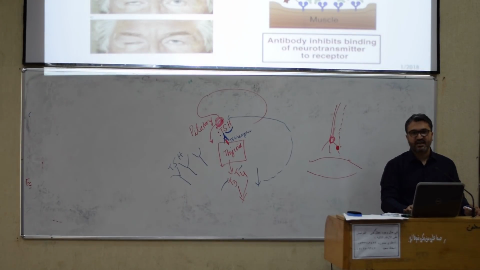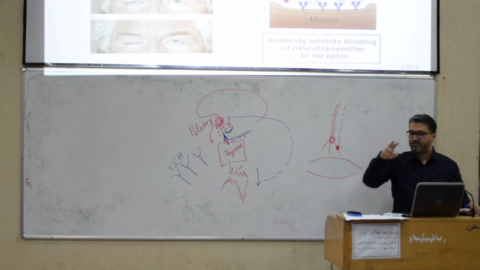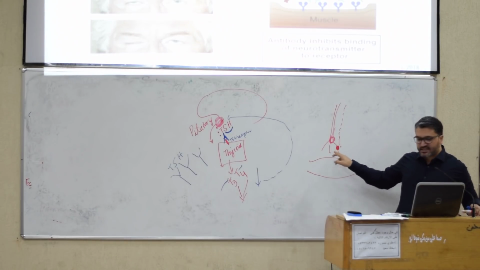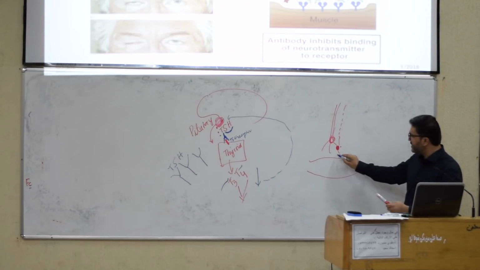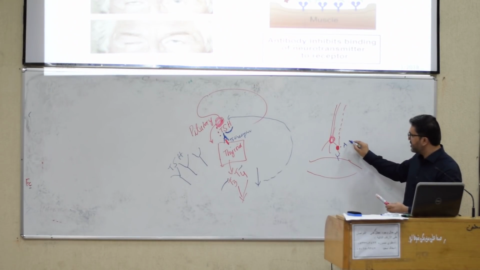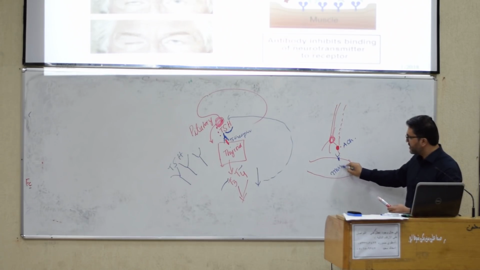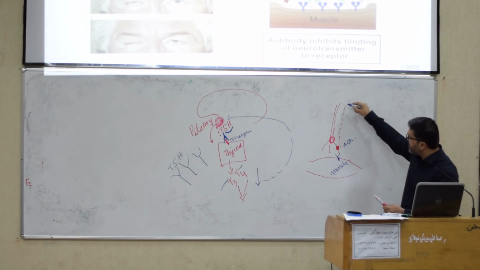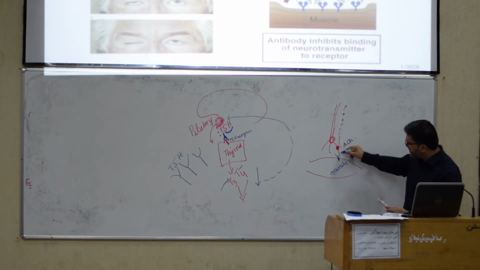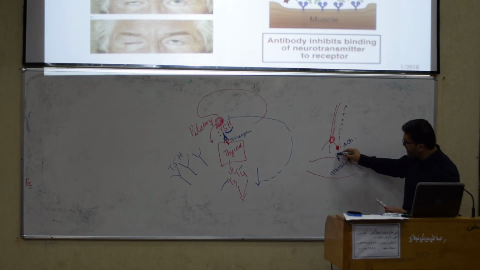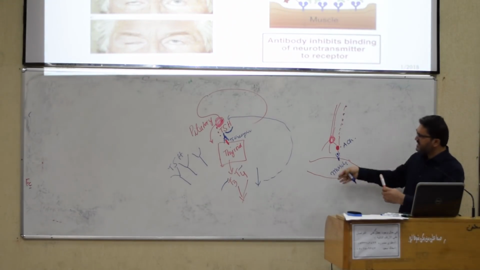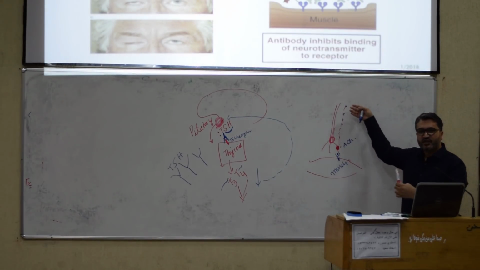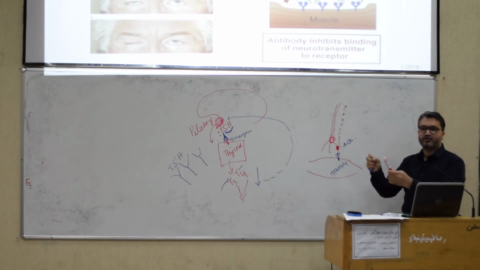Acetylcholine will be released and binds to its receptor on the muscle. So when the nerve impulse comes, it is released, binds to its receptor, and then the muscle causes contraction. This is just a simplified version of neuromuscular junction physiology.